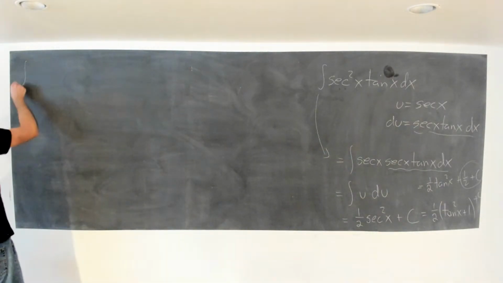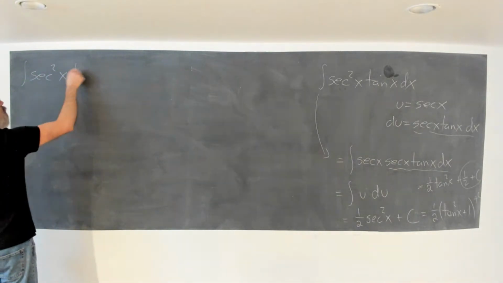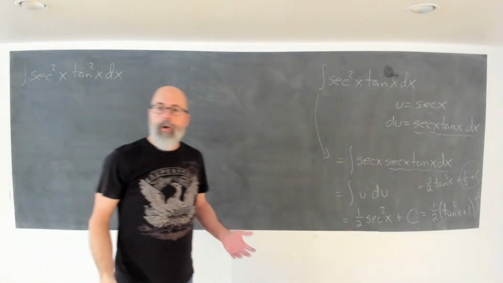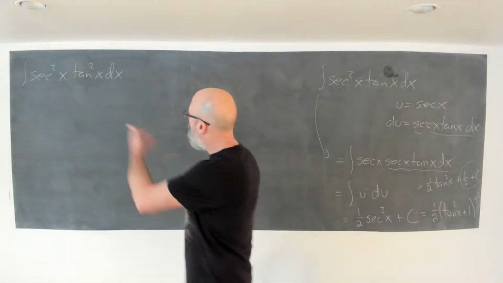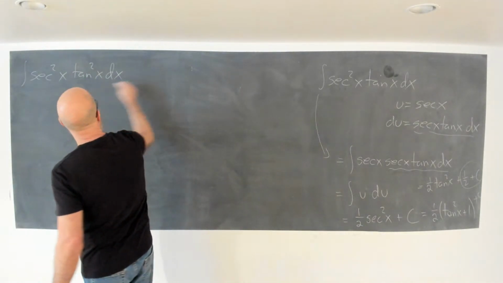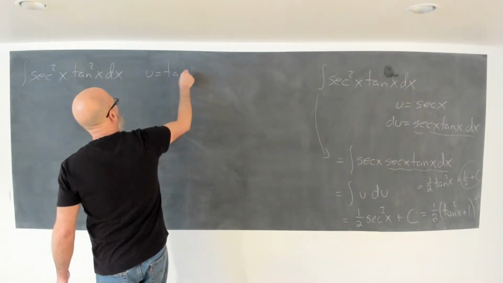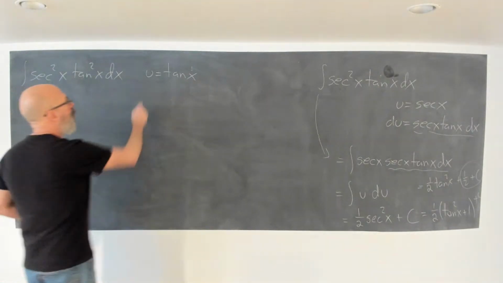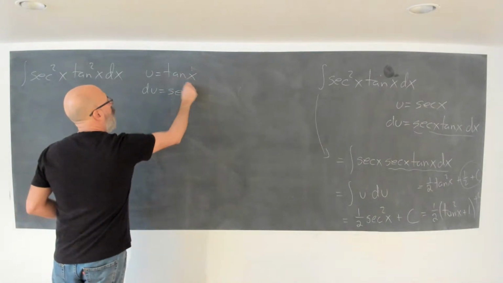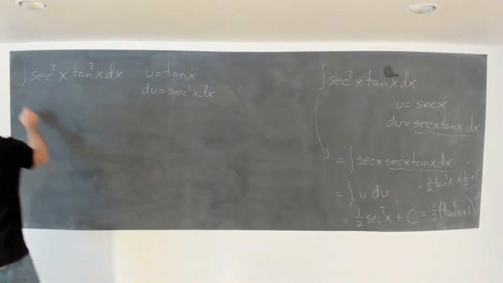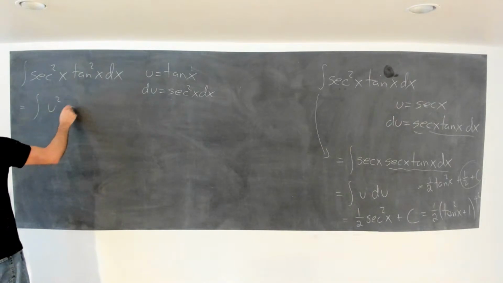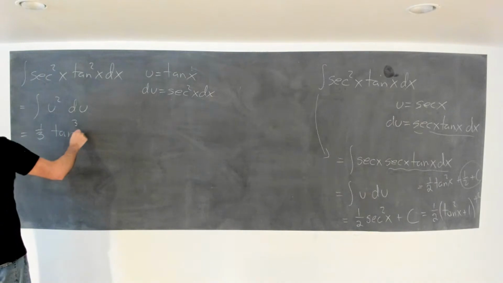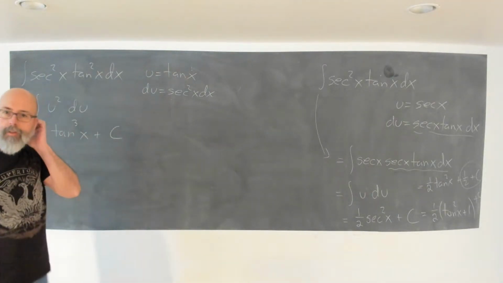And we were going to talk about secant squared tangent, which is really the same thing, right? You can make a u substitution. u equals tangent, because the derivative of tangent is right here. So this just becomes u squared, or 1/3 tangent cubed plus c.